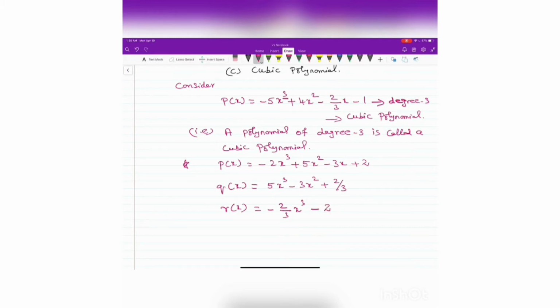Then P of x is equal to minus 7 x cube. If you see here the first one, the highest power of x is 3, therefore it is a cubic polynomial. In second case also, the highest power of x is 3, again it is a cubic polynomial.